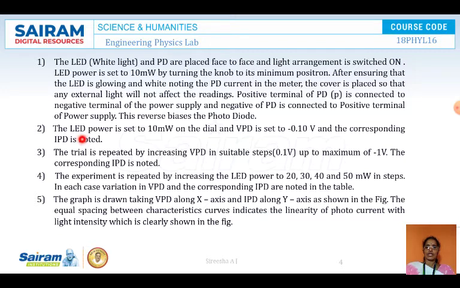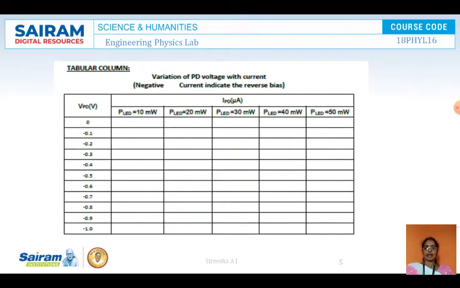Increase the voltage in steps of 0.1 and note down the corresponding value of current, with the LED power at 10 milliwatts for the first trial. The trial is repeated by increasing the voltage across the photodiode in suitable steps of 0.1 and noting down the corresponding IPD. Now you can see here the tabular column, how to tabulate the readings. First, PLED is set to 10 milliwatts. PLED means the power given to the LED.